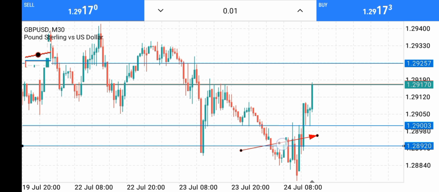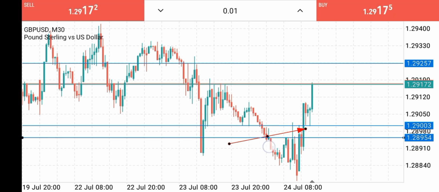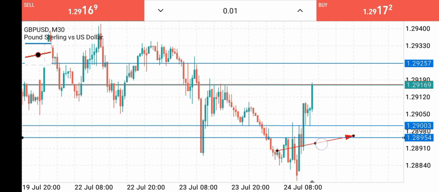So you might give your broker an instruction, you can tell your broker that immediately price gets to this price level of 1.28954, please close my trade for me, because it is not going in my direction.